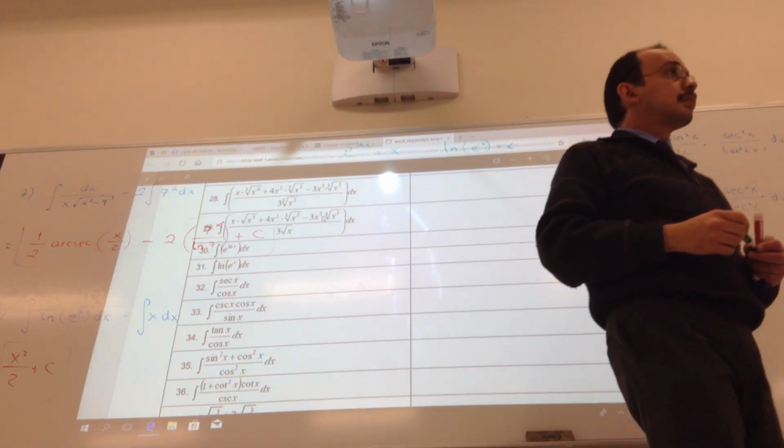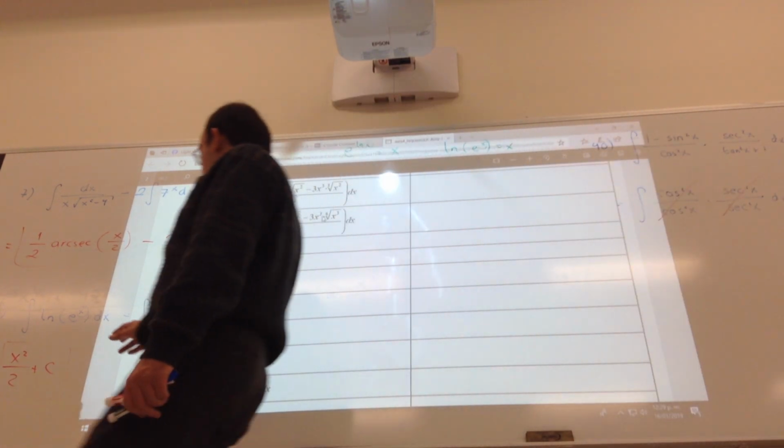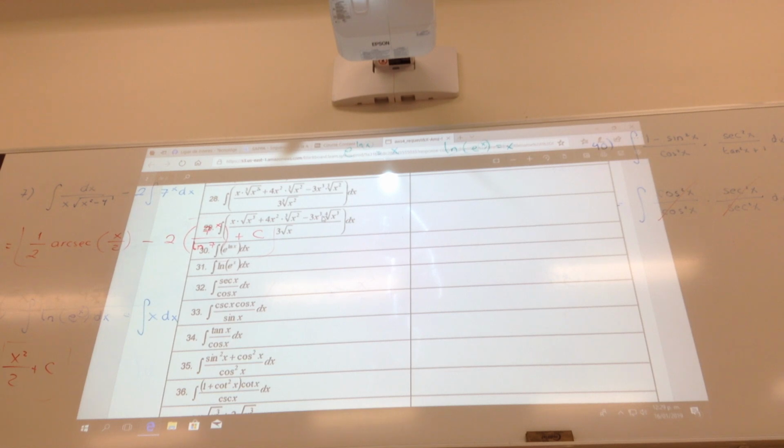Y siempre tenemos que poner esta cosa. Siempre, hasta que encuentres la respuesta. Siempre que tengas una integral, le pones la constante. Profe, ¿esa fue la 30 o la 31? 31.